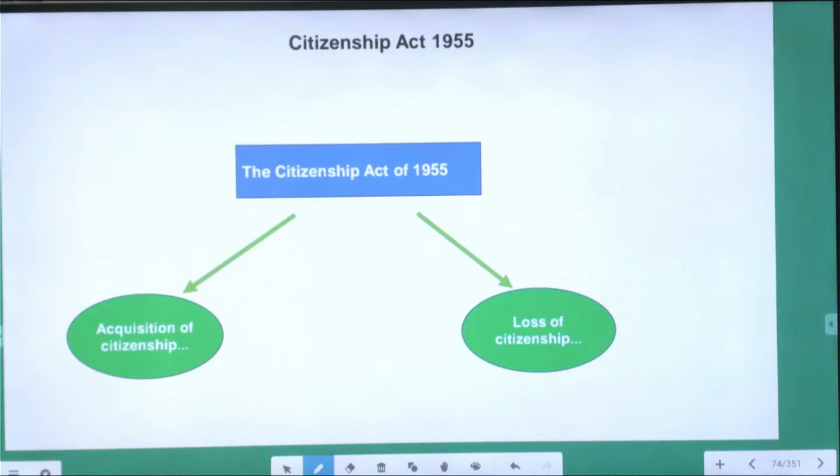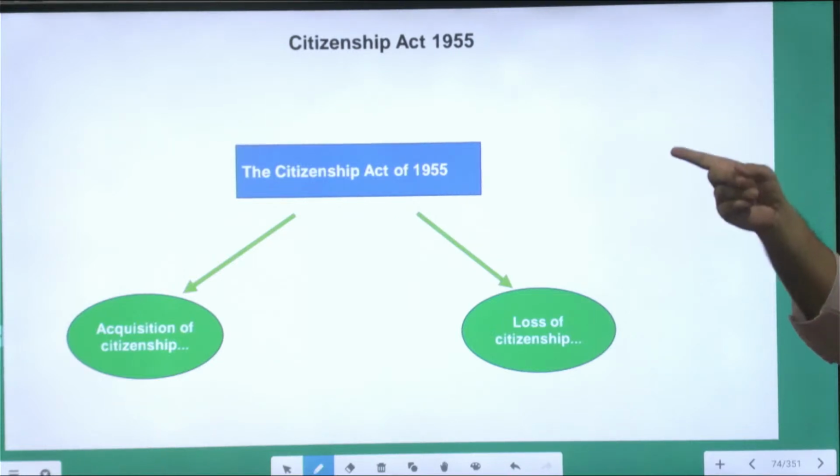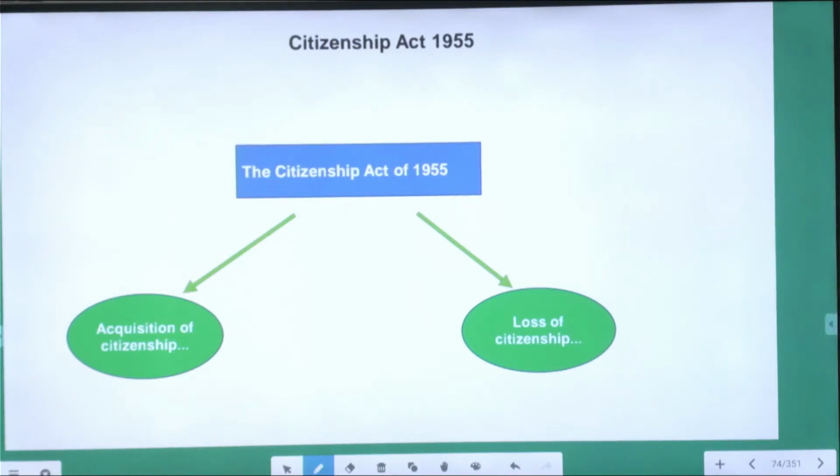The Citizenship Act 1955 talks about two things. First, how a person can acquire citizenship of India after the commencement of the Constitution.